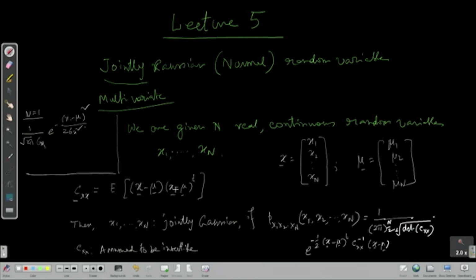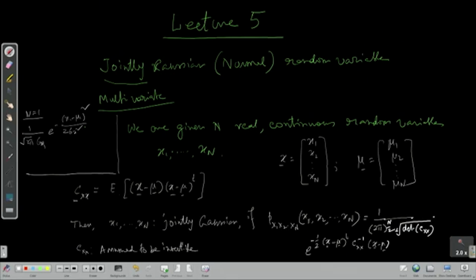If i and j are not the same, then if they are uncorrelated, this correlation is 0, which means if i and j are not the same, that is, I am not considering diagonal entries, because for diagonal entries it is the same i, same j: 1, 1, 2, 2, 3, 3, 4, 4. But if that doesn't happen, then other elements are 0. So if the variables are uncorrelated, then the covariance matrix is a diagonal matrix. That we have seen.